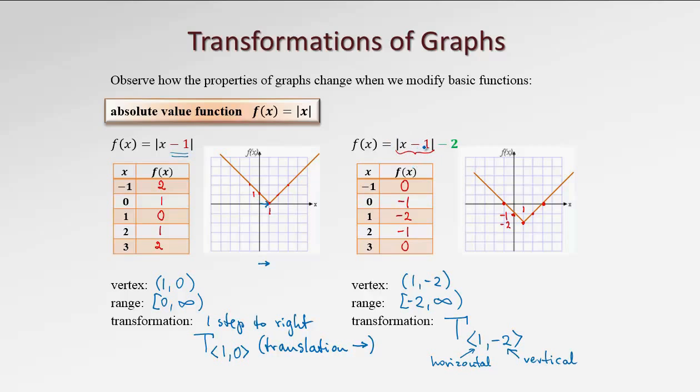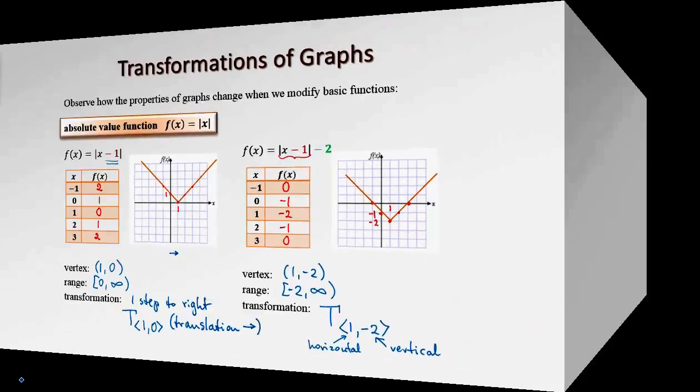So subtracting the 1 from the input x caused the graph to move 1 step to the right, which means the opposite direction than the sign would indicate, and subtracting the 2 from the entire function caused the graph to move 2 steps down, which means the same direction as the sign indicates.